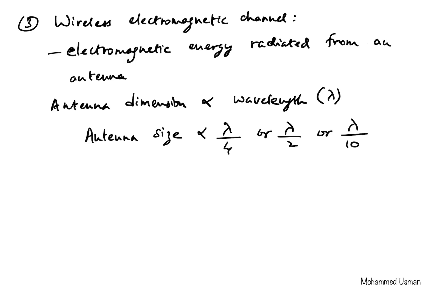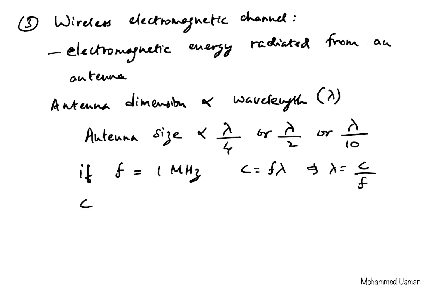That means if you are transmitting a signal of, let's say, 1 megahertz, so frequency f is equal to 1 megahertz, then the wavelength corresponding to that particular frequency, since c is equal to frequency times lambda, that means lambda is equal to c by f, right?